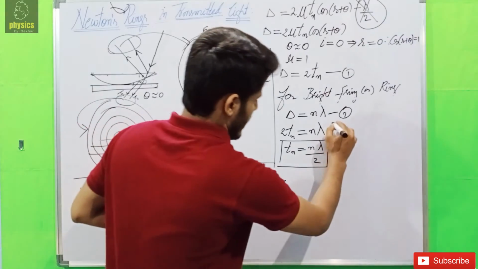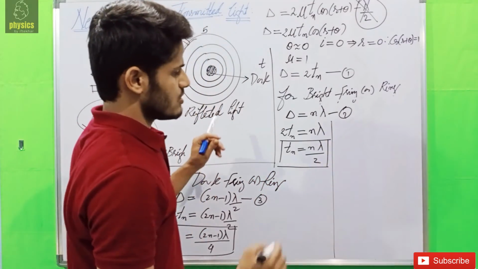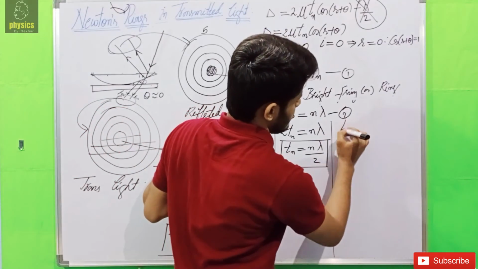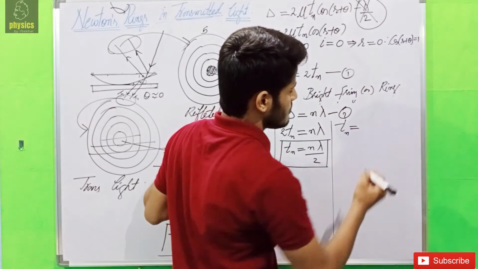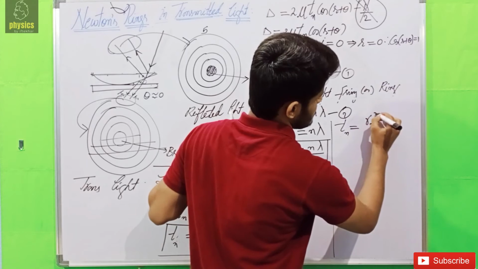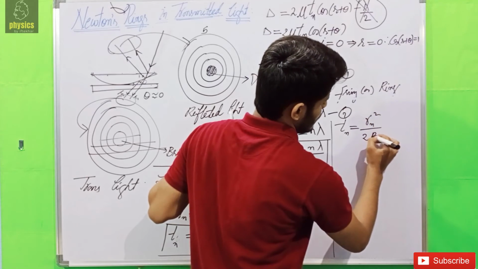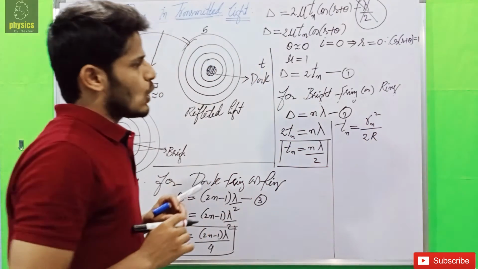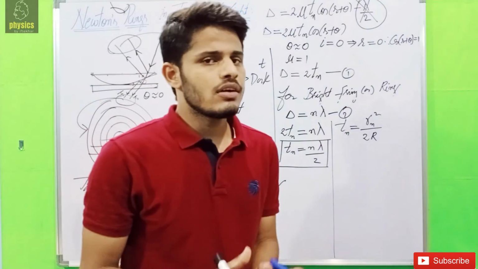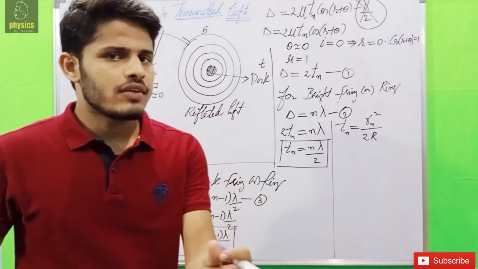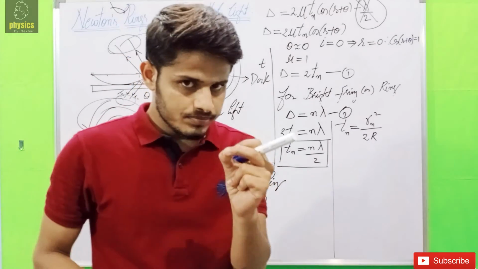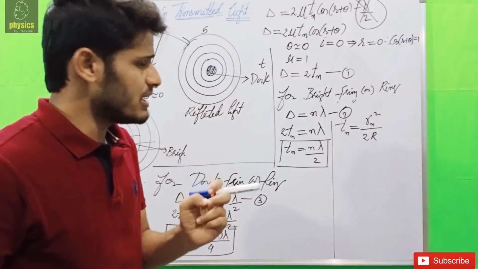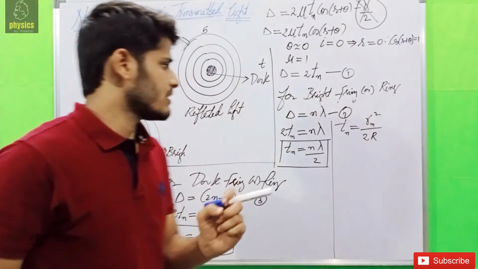So we have the equation for the thickness in terms of the radius, r sub n square by 2R. So let's find out first the diameter of the bright fringe, and we'll see how the diameter and n are related.